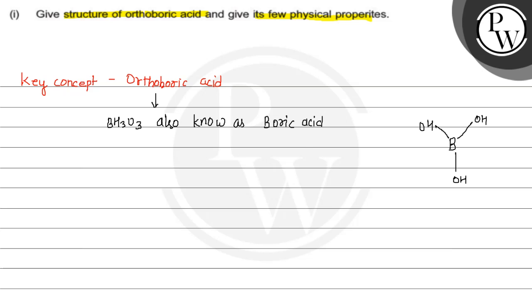Each boric acid molecule features boron oxygen single bonds. Here, boron oxygen single bonds are there, and the boron atom occupies the central position. In this, boron is a central atom.